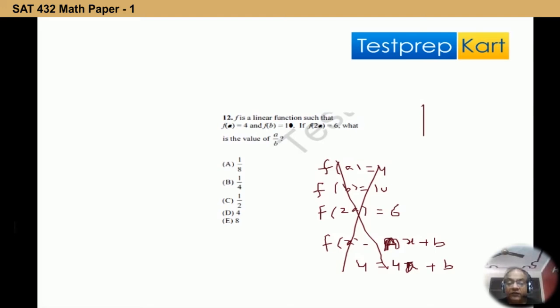Now linear function means the graph of the function should be a straight line. It has to be a straight line. Now f is given as linear, f(a) is 4, f(b) is 10, f(2a) is 6. What is the value of a upon b?